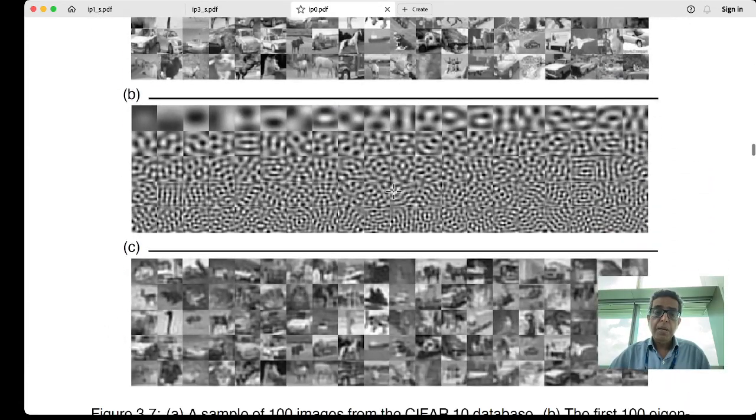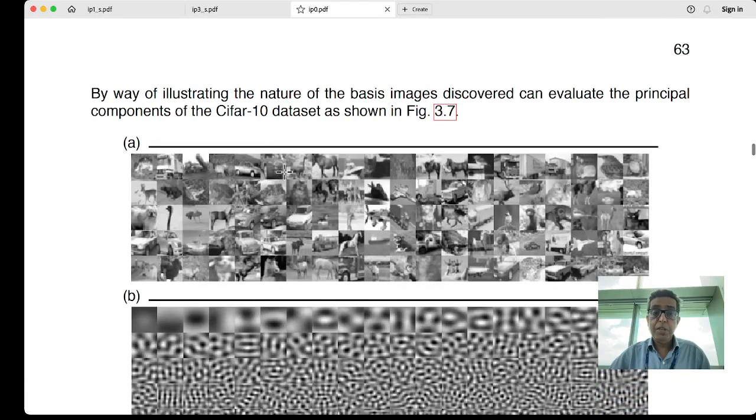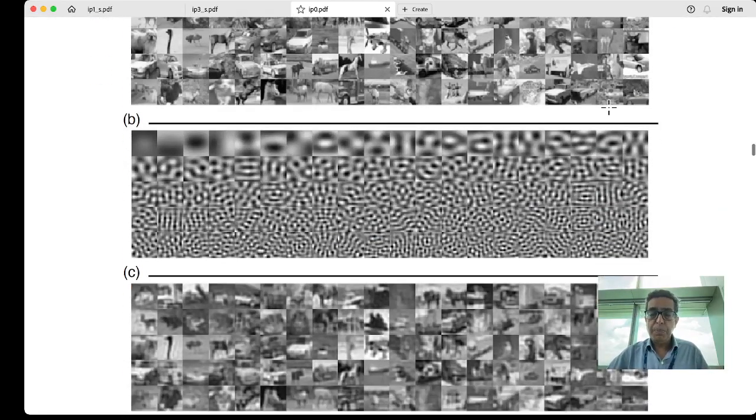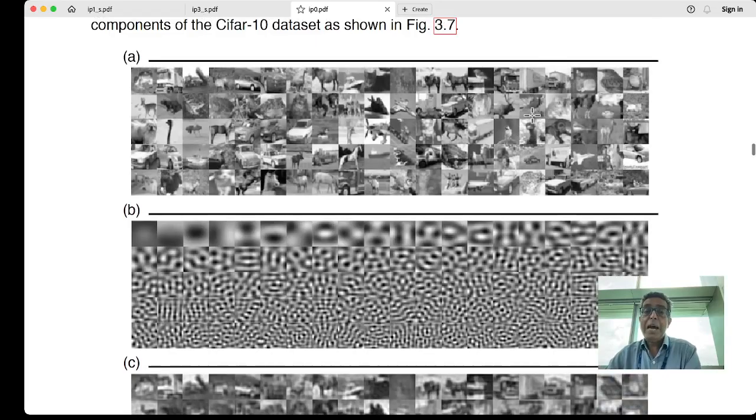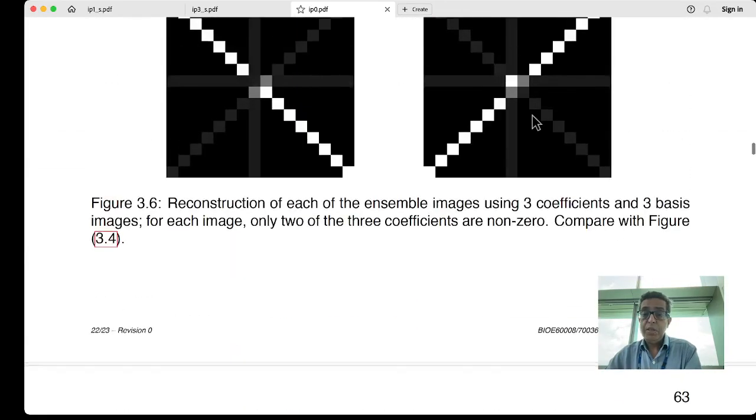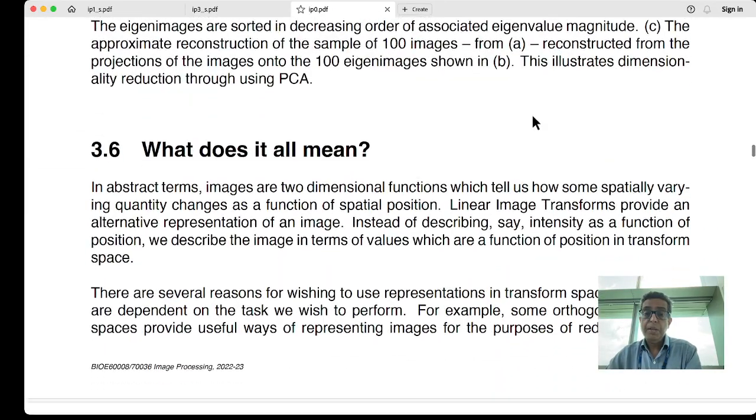Okay, I was also going to show you some other examples here. This is from a collection of images known as the CIFAR-10 data set. Each image is either 32 by 32 or 28 by 28 pixels, so it's quite small. And these are the principal eigenvectors, I think the first 100 eigenvectors obtained from the stack of the images in the CIFAR data set.